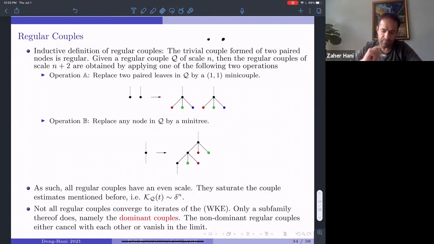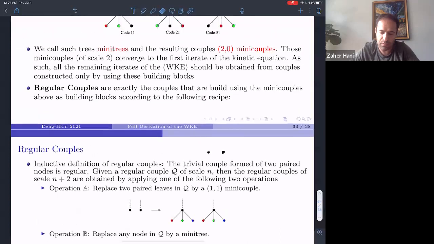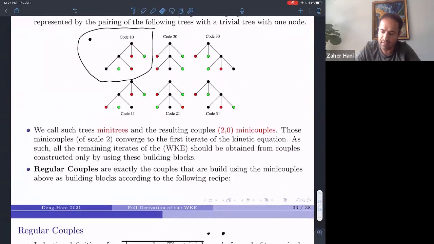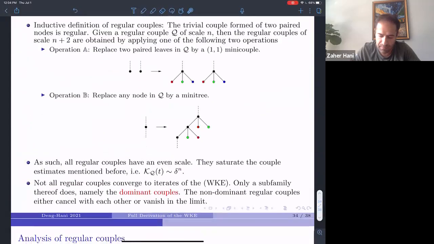So this is one operation. The other operation is the following: you take any node in this couple Q, and you replace this node by a mini tree, one of those 6 things drawn over here. You replace this node by a mini tree, and then you attach whatever is attached to the top of this node at the top node here, and whatever is attached below it to the node over here.